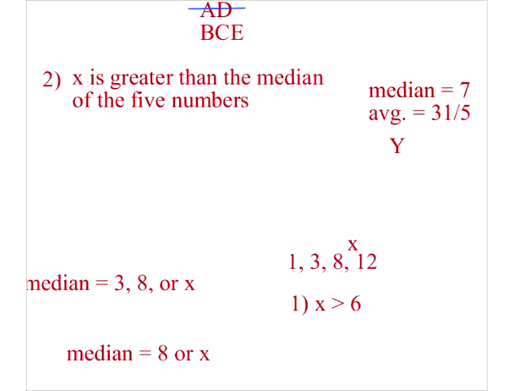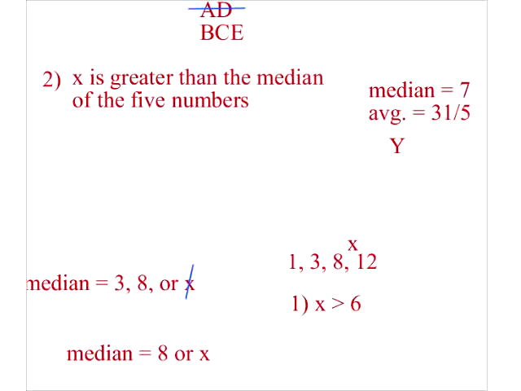So does that eliminate anything in terms of our possible medians, 3, 8, or x? Yeah, obviously x can't be the median anymore if it's greater than the median. Could it still be 3?